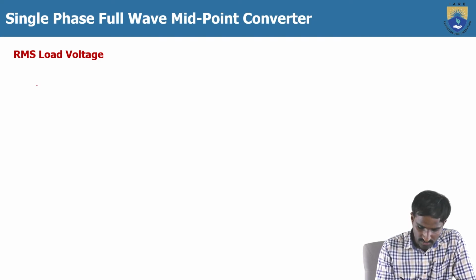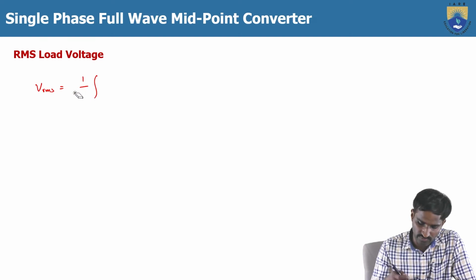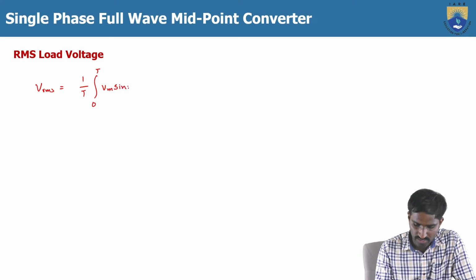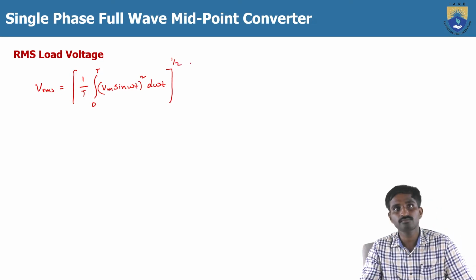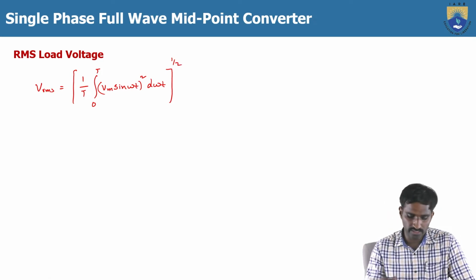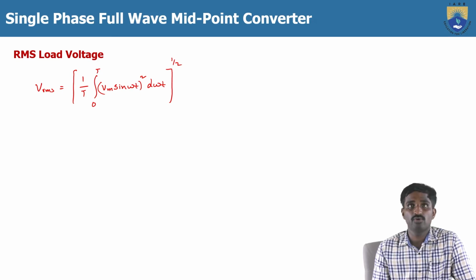So for this, VRMS is equal to 1 by T into the integral from 0 to T of (Vm sine omega t) whole square d omega t, whole to the power of 1 by 2. This is the standard equation to find the RMS value of a sine wave.